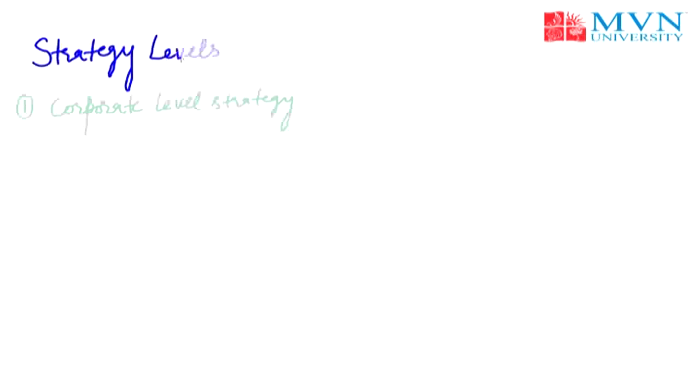We'll be studying the details of the strategy levels. First, corporate level strategy. Generally, it is the business organization which acts as an umbrella for all the businesses it is dealing with. The main role of corporate level strategy is to formulate plans and policies for its overall business verticals, whether hotel business, food business, personal care or whatever.